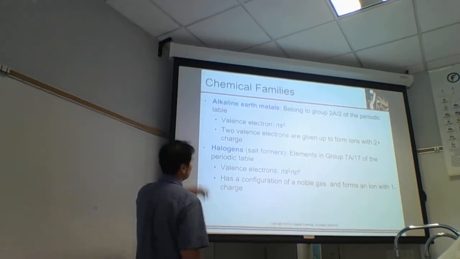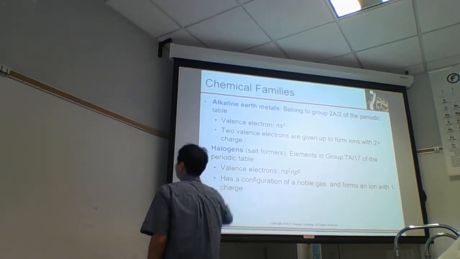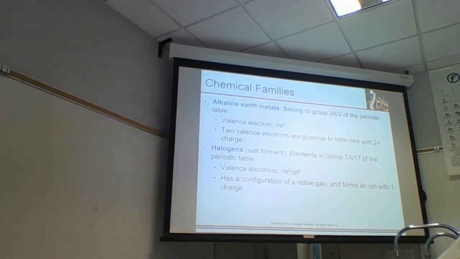All the alkaline earth metals have 2 valence electrons. Let's look at the alkali metals first: sodium, potassium, rubidium, cesium, lithium. Lithium is going to have 1s2, 2s1. Sodium is going to have 1s2, 2s2, 2p6, 3s1.